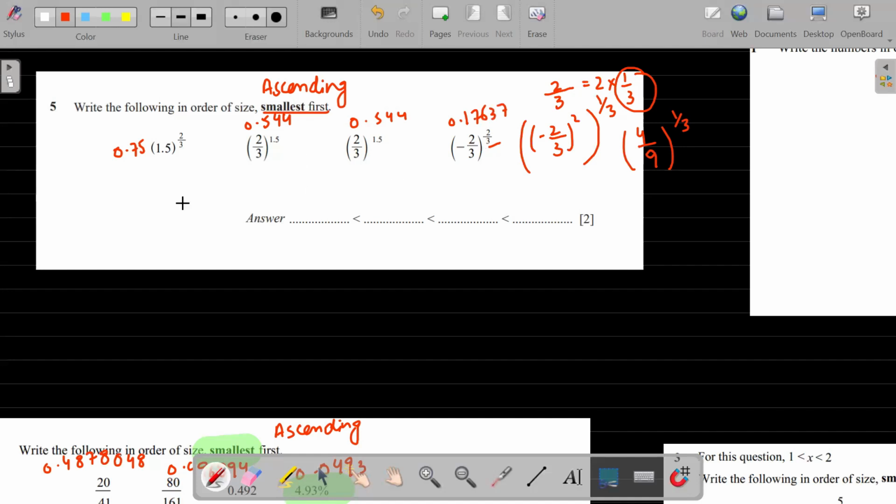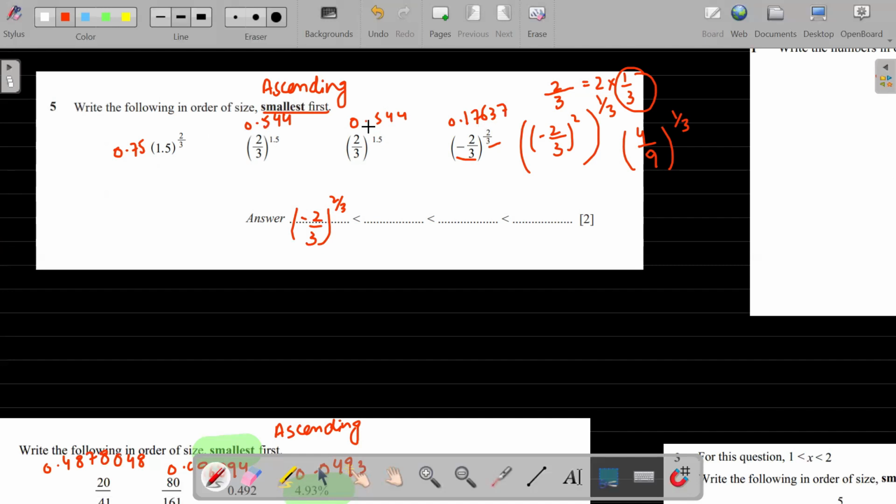It says that smallest first, okay? So the first whole number is 0 in every case, and the first decimal place is 7, 5, 5, 1. So that one is the smallest one. I will be writing it over here, minus 2 by 3 and 2 by 3 as a power. Now, let's see which one is bigger than this one. First decimal place is 7, and over here, first decimal place is 5 and 5.